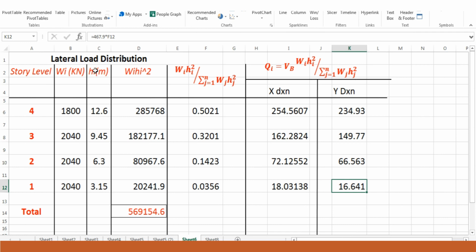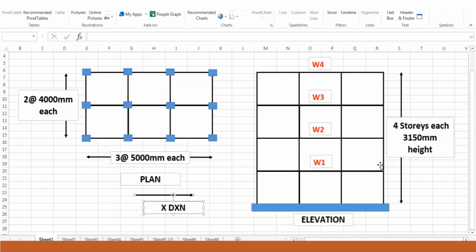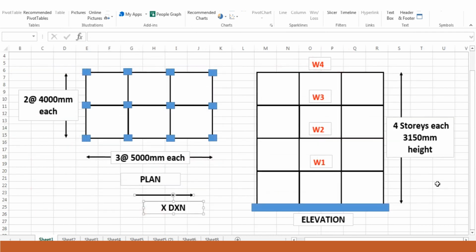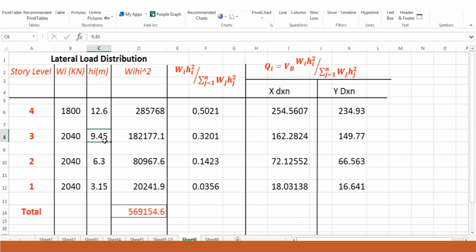Now what is the height from the base till the floor level of the story? For the top story, measuring from base, it's 12.6 meter. For third story, it's 9.45.